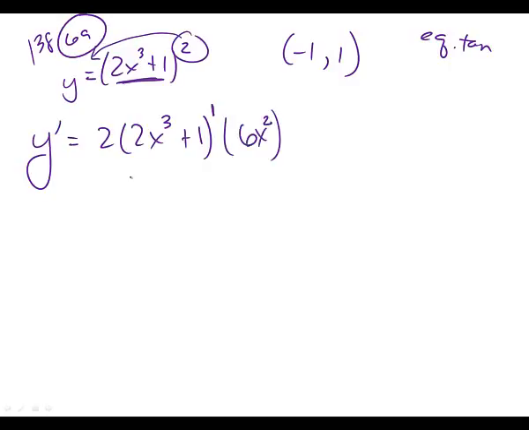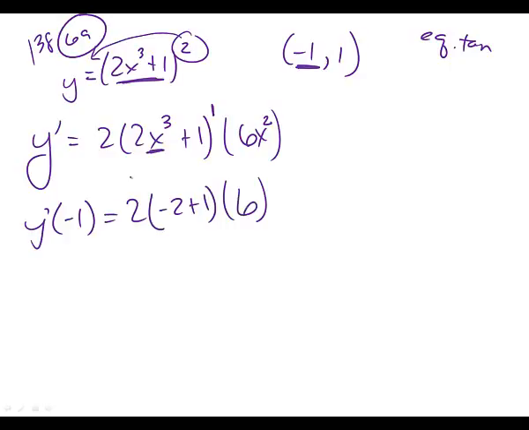6x squared. And then I need to plug in negative 1. So we've got 2. What's negative 1 cubed? Negative 1 times 2 is? Negative 2. Negative 1 squared is? 1 times 6 is? 6.